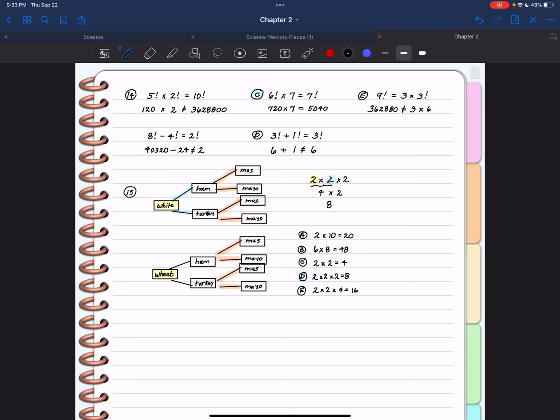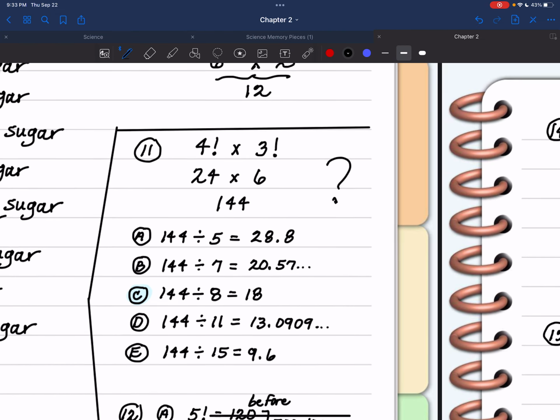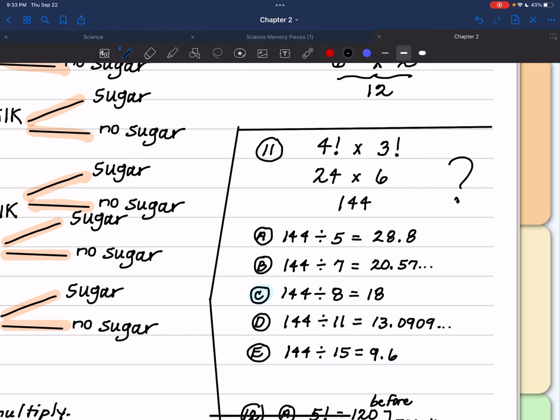This is page 33 in the back of the book. All right, starting with number 11. Oh, this is the one I had the question mark on. So number 11 is C. So we got it right.